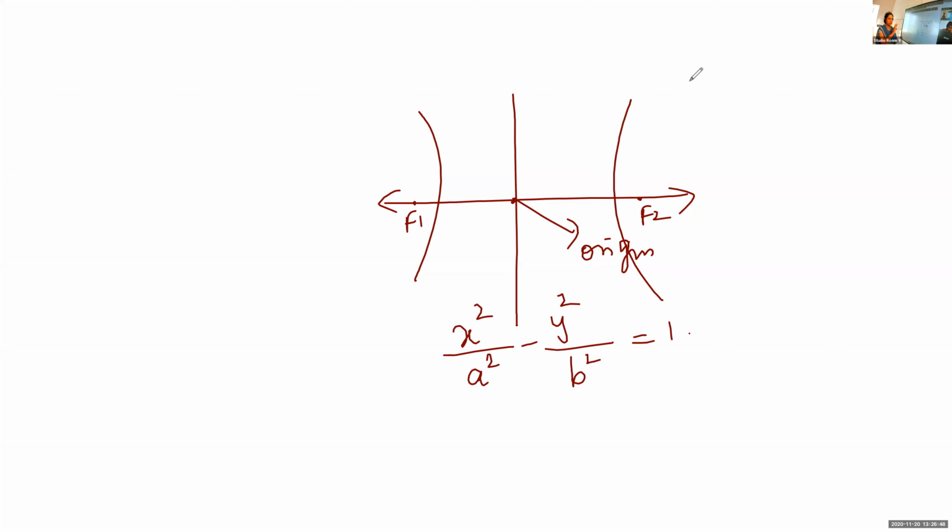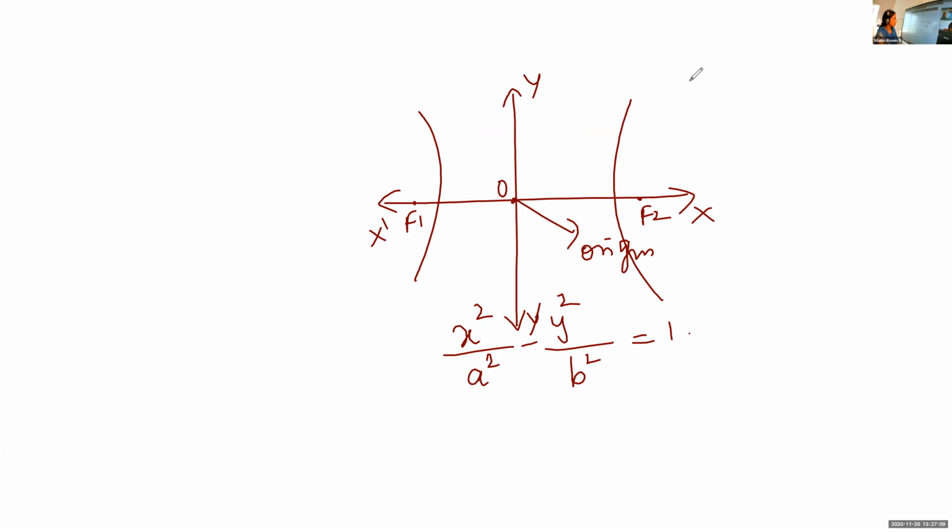Let's learn about this one first. Here the focus lies on the x-axis, so the conjugate axis will be the y-axis. These two will meet at the origin.